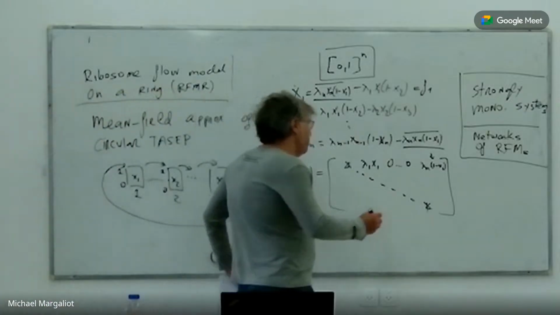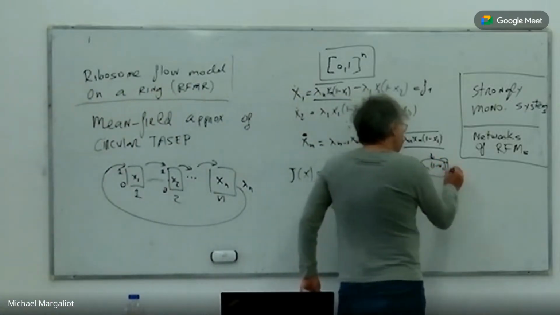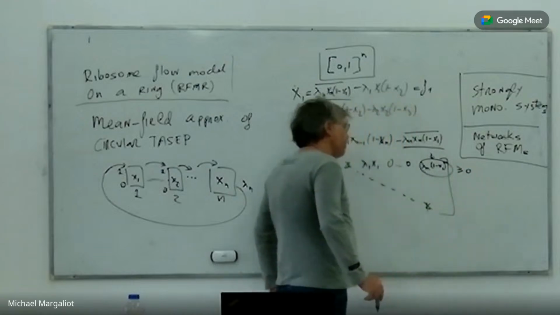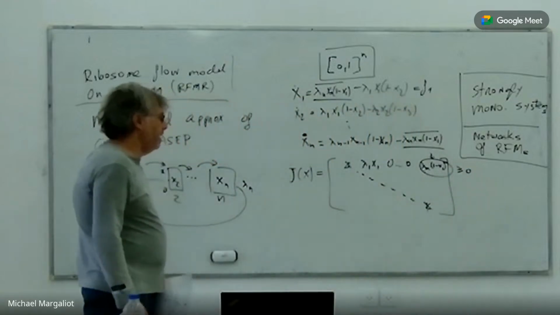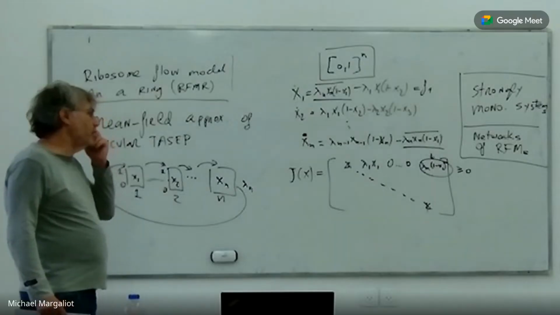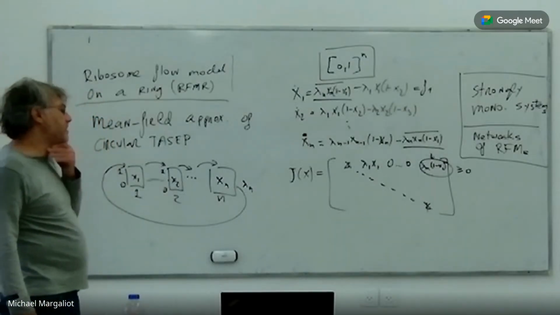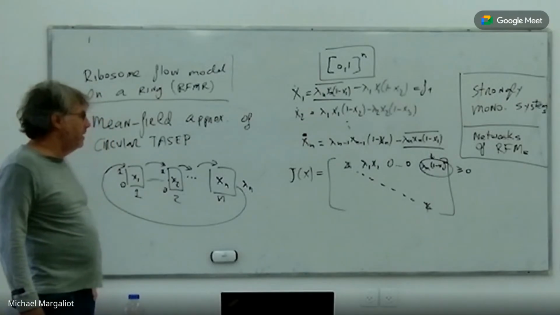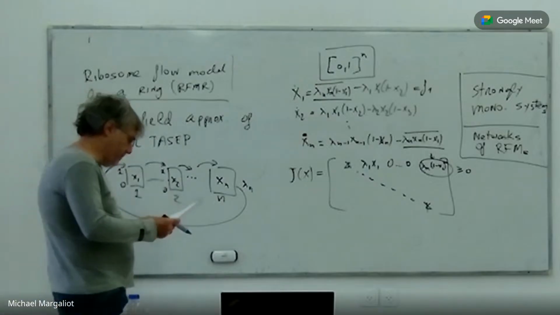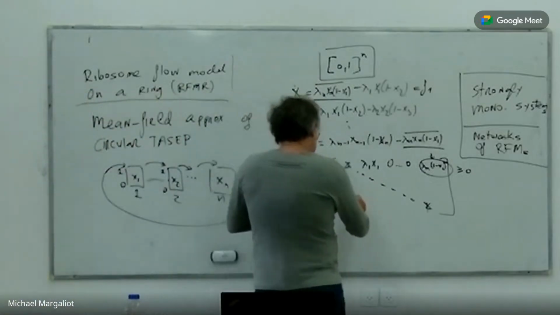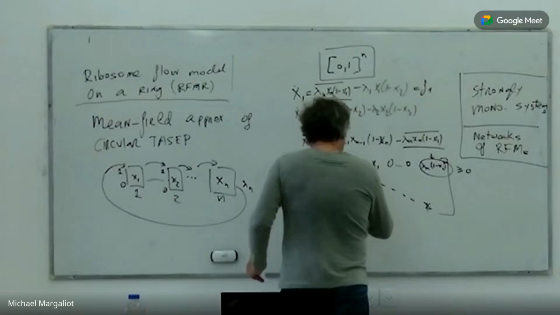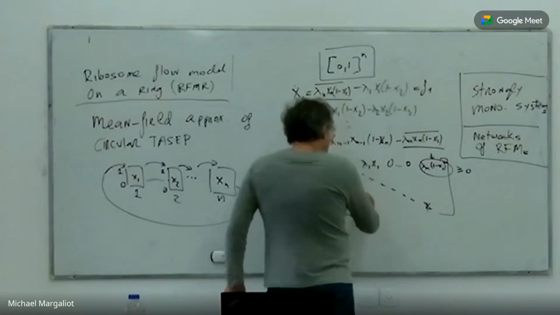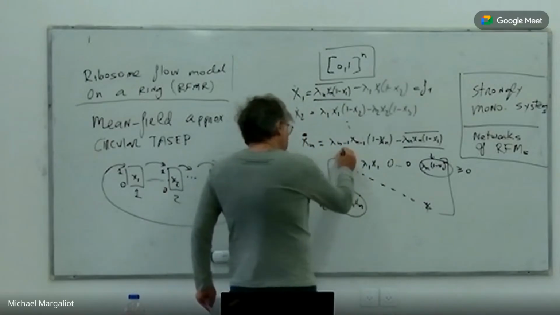But I don't care. All that I care about is that this is always non-negative because x_1 takes values in [0,1], and then 1 − x_1 takes values in [0,1]. So this is non-negative. And the rest of the matrix is very similar. Here I get also a new entry at this corner.